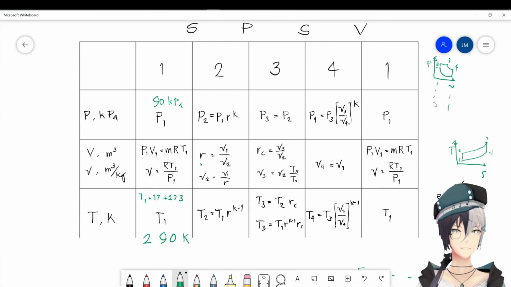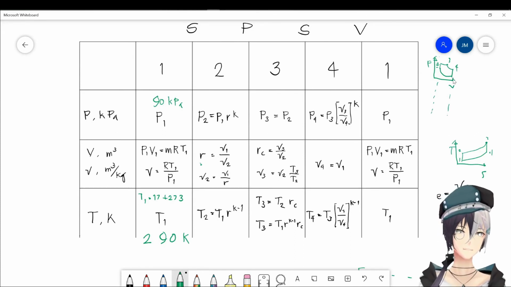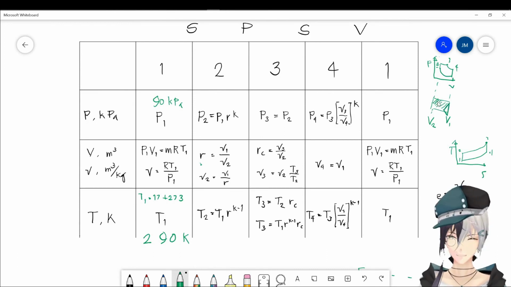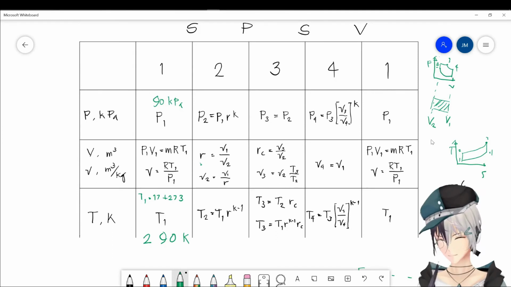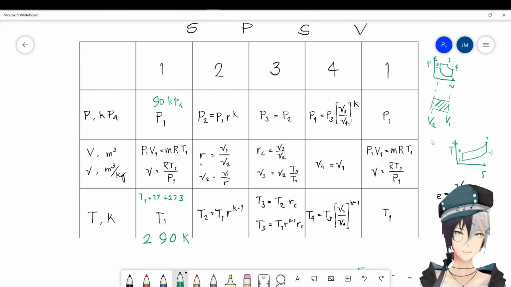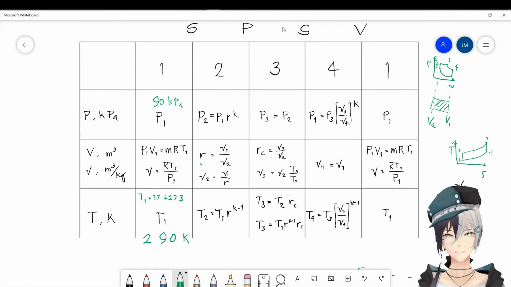So that will be this volume minus this volume. Okay. So this is your displaced volume. This is your displaced volume. So volume one minus volume two.